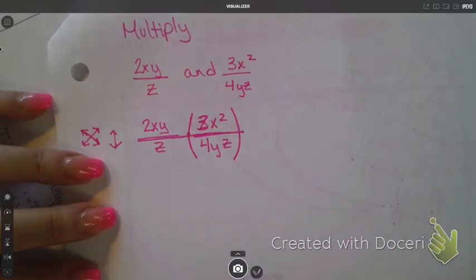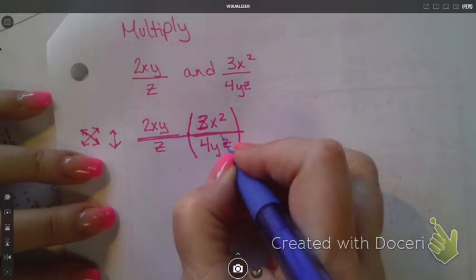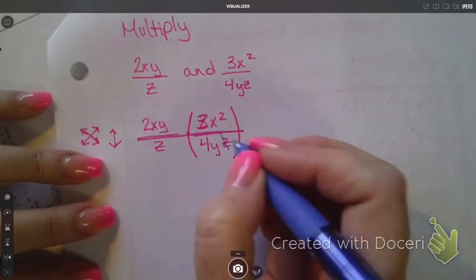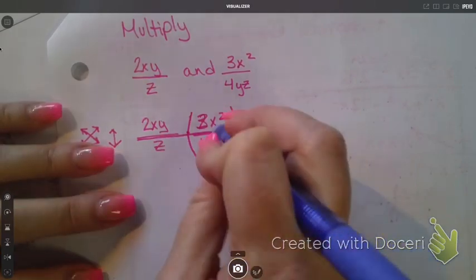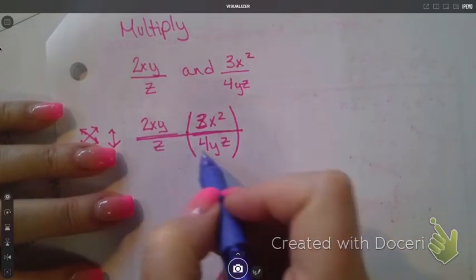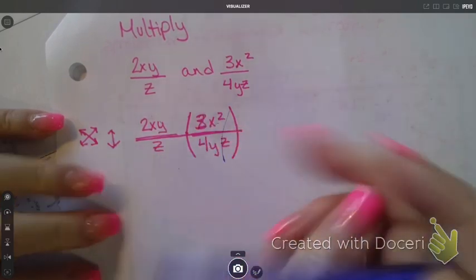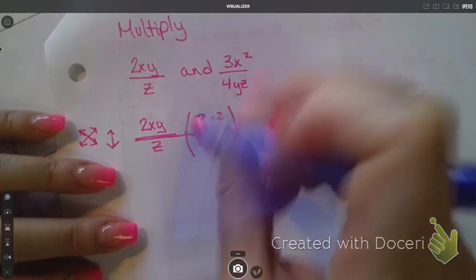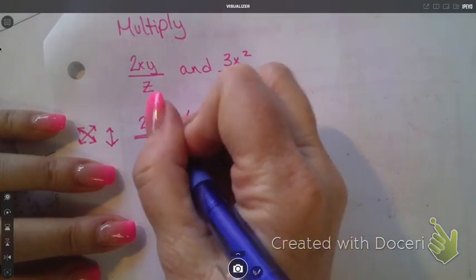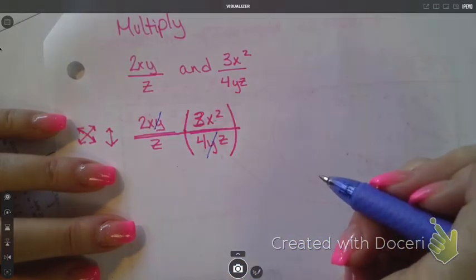Can we reduce a z and a z? Yeah. Oh no, we can't reduce a z. Can we reduce the x's? Nope. We can do up and down or diagonally. The y's? Oops. Y's we can. What else?